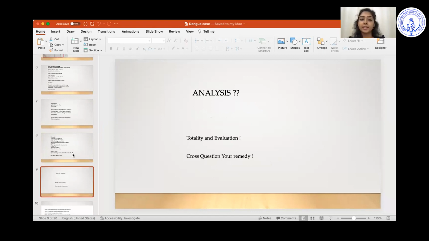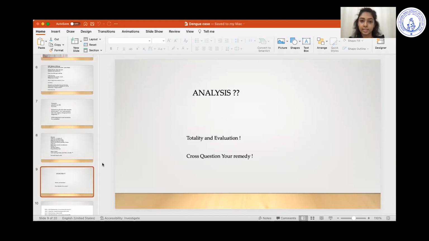So how do we analyze this case now? Any suggestions? We see that there are some peculiarities in this case: the severity of his headache, his modality that he is better by pressure, and his state of mind at that point of time, that he was not able to sit idle.